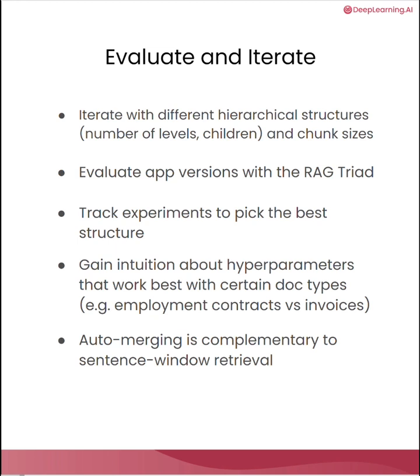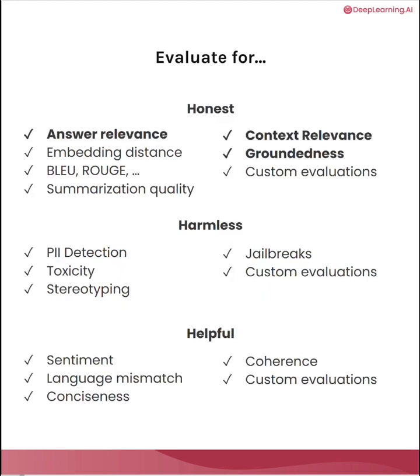In addition, while the course has focused on these two techniques and the associated RAG triad for evaluation, there are a number of other evaluations that you can play with in order to ensure that your LLM applications are honest, harmless, and helpful. This slide has a list of some of the ones that are available out of the box in TruLens. We encourage you to go play with TruLens, explore the notebooks, and take your learning to the next level.